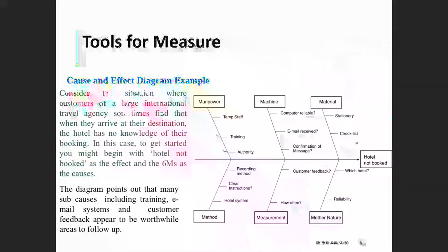Now, moving on to another example for cause and effect, to show you how sub-branches, or how branches and causes can appear. In this case, large international travel agencies sometimes have customers who, when they go to the destination of their travel, the hotel doesn't know about the reservation.